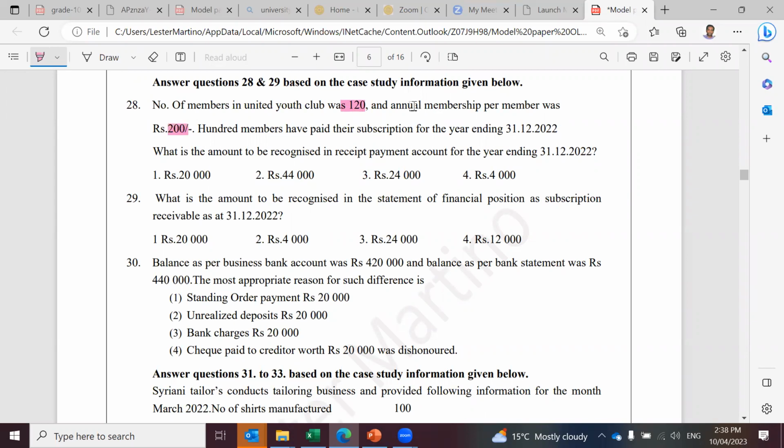And if they provide the monthly membership, you need to convert into annual membership by multiplying by 12.